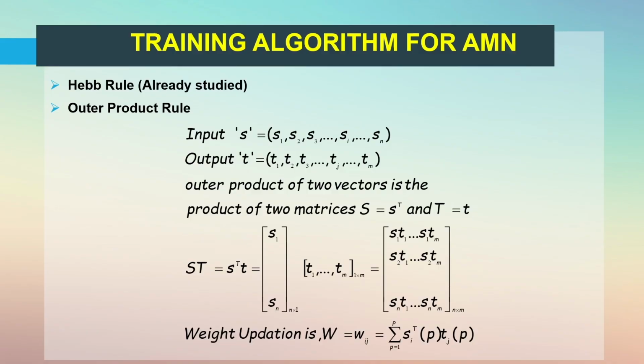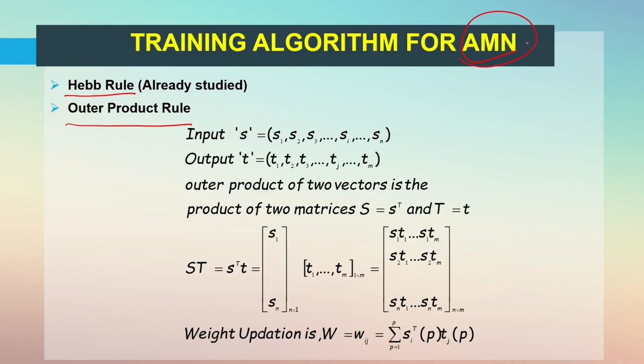Once again I am repeating: under the AMN category you have auto-associative, hetero-associative, bidirectional and Hopfield networks. Accordingly we can have a discussion. In general, what is the training algorithm for AMN? Either you can use a Hebb rule or you can use an outer product. The Hebb rule we have already seen in our previous presentation.